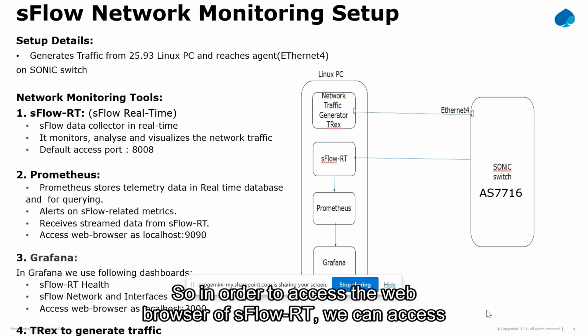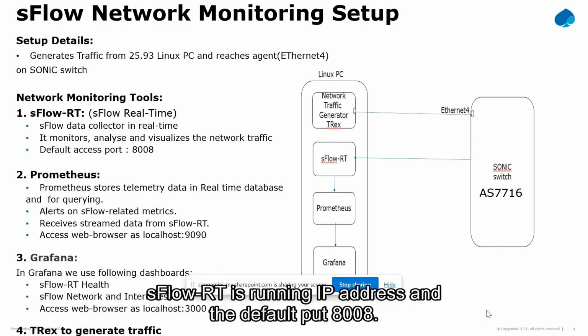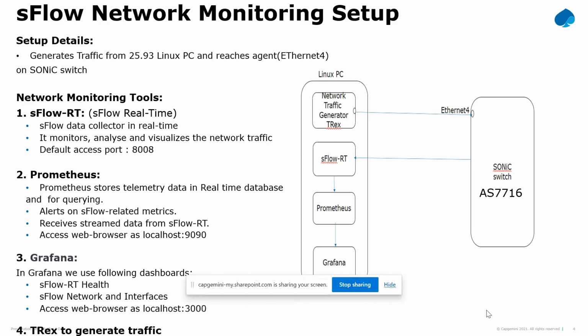In order to access the web browser of sFlow, we can use the localhost or the IP address of the machine where sFlow is running, and the default port 8008. Then we can see the collected data in the web browser.